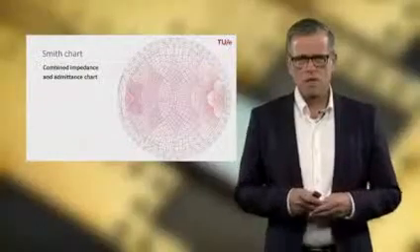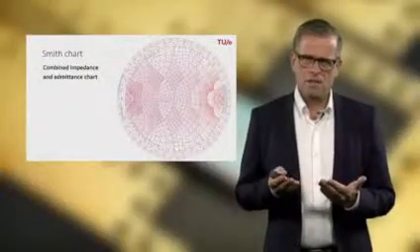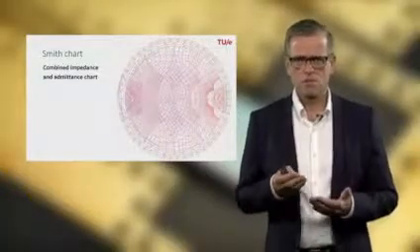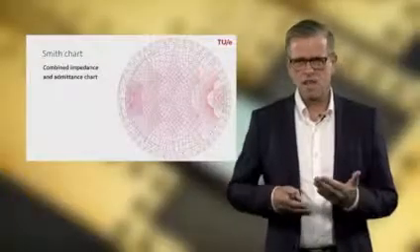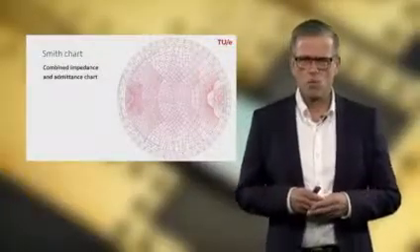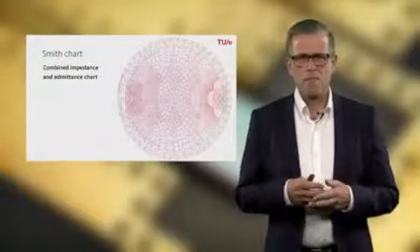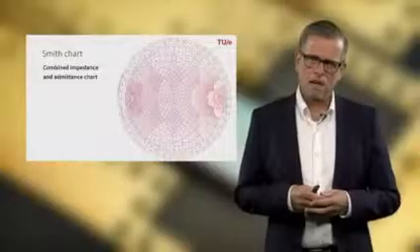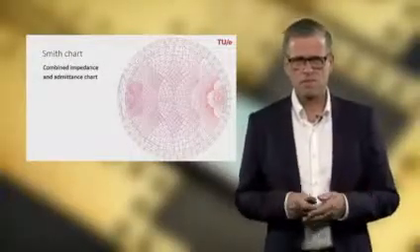Up to now, we looked into the Smith chart by considering the input impedance and the relation to the reflection coefficient. Of course, it's also possible to plot admittances instead of impedances. So we would have circles corresponding to a constant conductance, or we would have curves corresponding to constant susceptances.